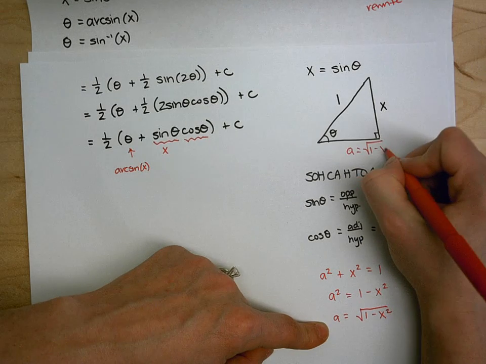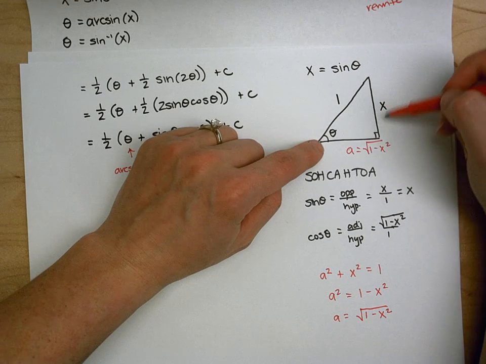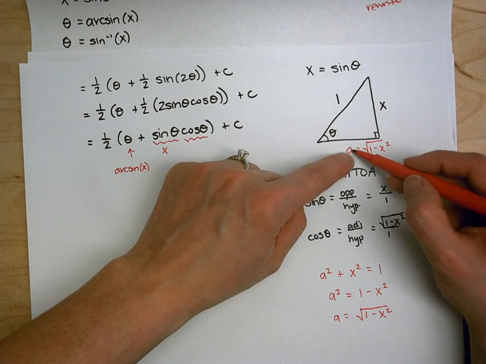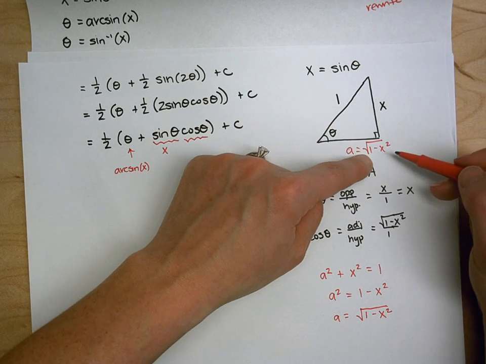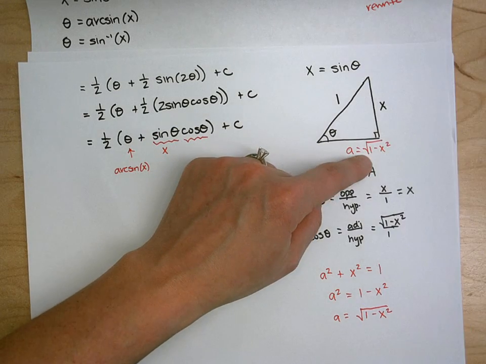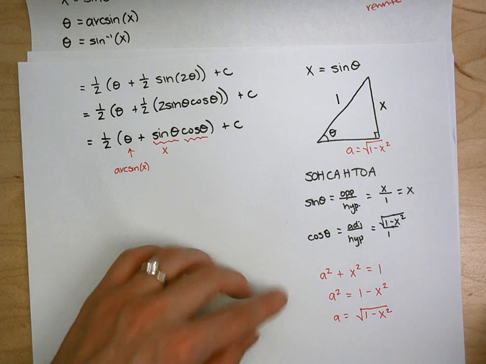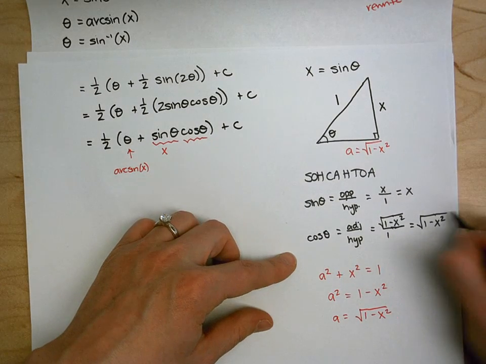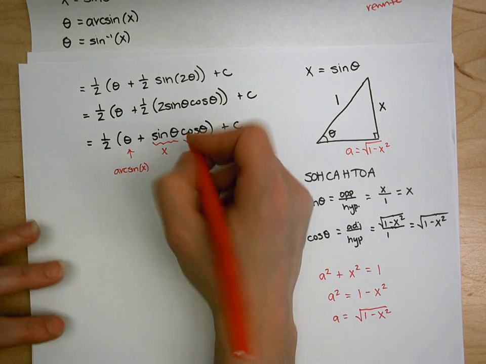So again, if you have a right triangle where one side length is x and the hypotenuse is 1, the adjacent side will always be the square root of 1 minus this side squared, based on the Pythagorean theorem. So this divided by 1 is just root 1 minus x squared, and that's what I'm going to replace this cosine with.